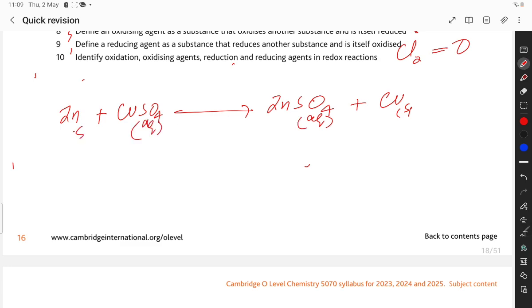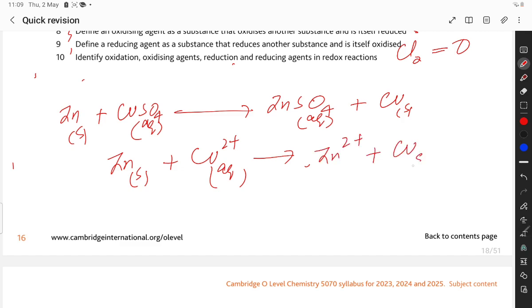The ionic equation for this reaction is zinc solid plus Cu2+ ion aqueous gives Zn2+ plus copper solid. Zinc is oxidized, this is an oxidation reaction, and the species oxidized acts as a reducing agent.